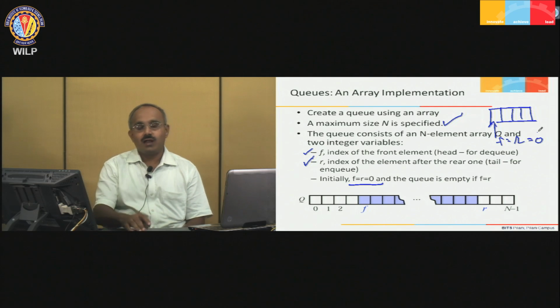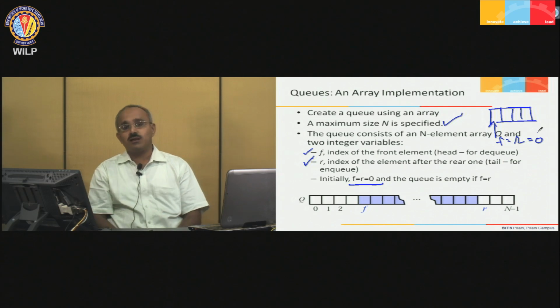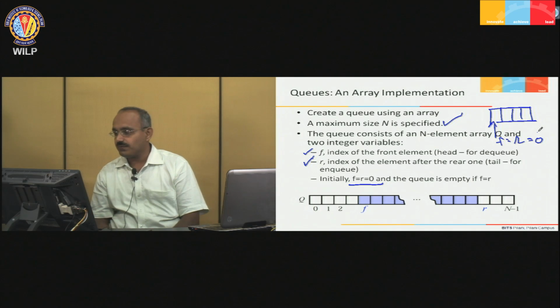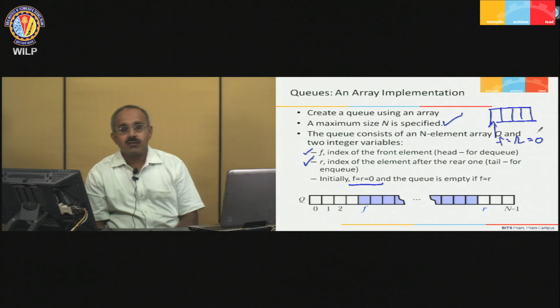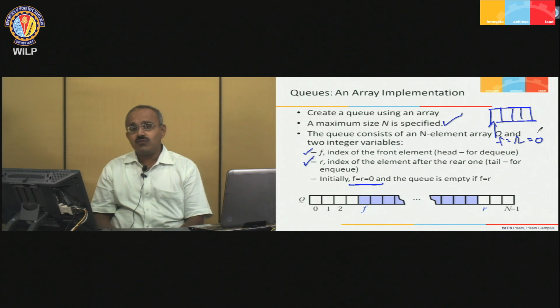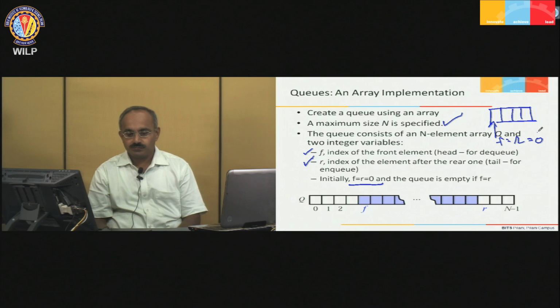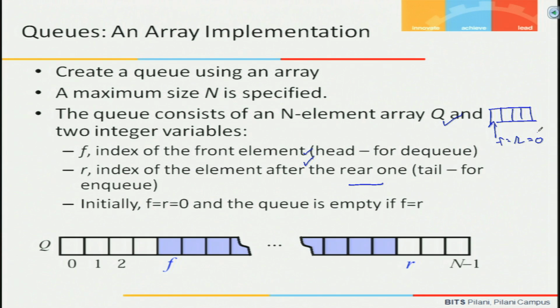That is, this is at the beginning, before any element has been added to the queue. So that is the initial condition. Also, at any stage when front is equal to rear, the queue is going to be empty. Yeah. So let us look at this particular idea when f is equal to r. So let me look at this particular queue.